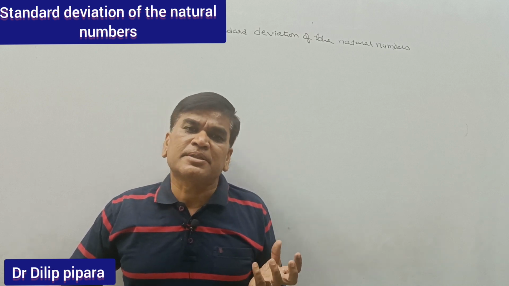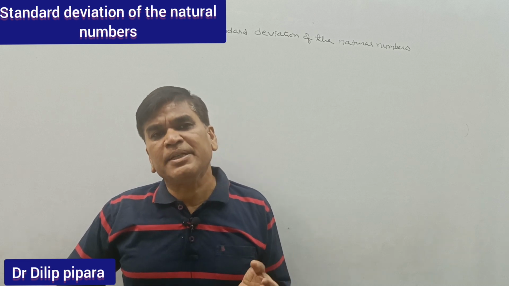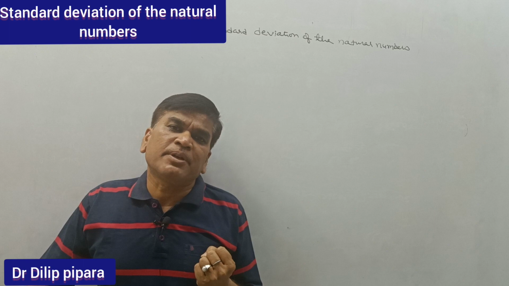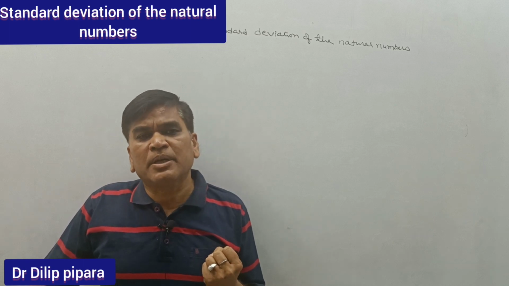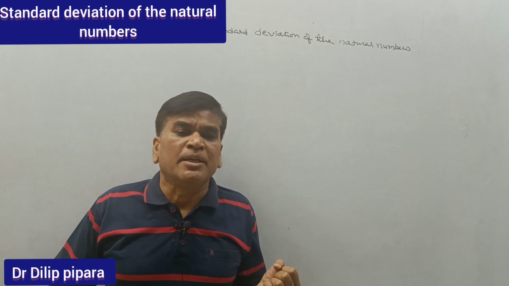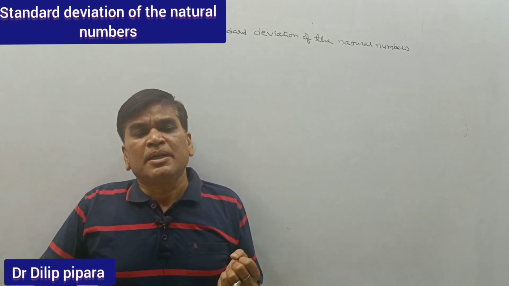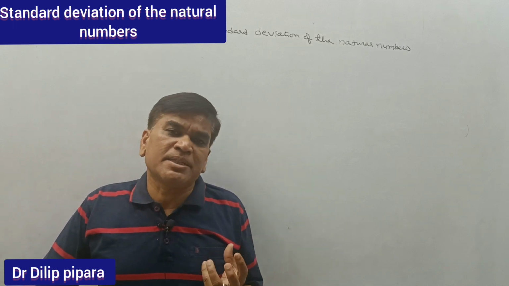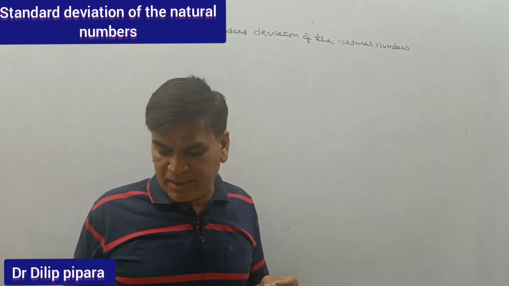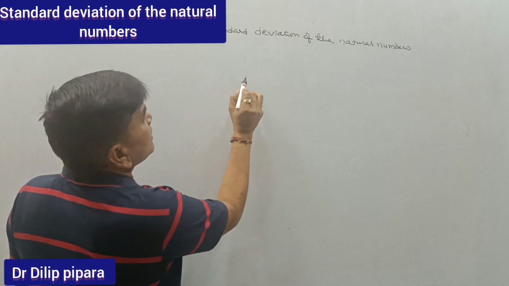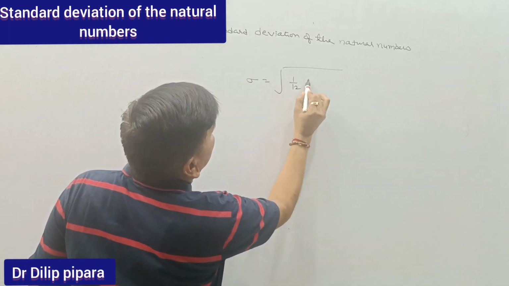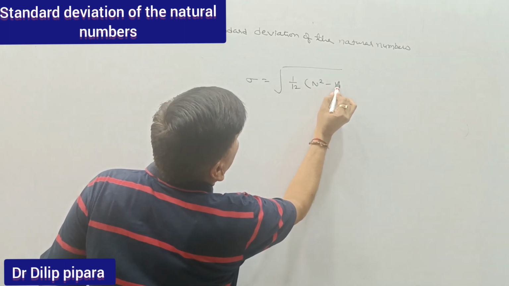As we know, for calculating the standard deviation of natural numbers, we do not need the calculations we did in previous questions. If natural numbers are given directly, we can calculate the standard deviation with this formula: standard deviation is under root 1 by 12 into n squared minus 1.